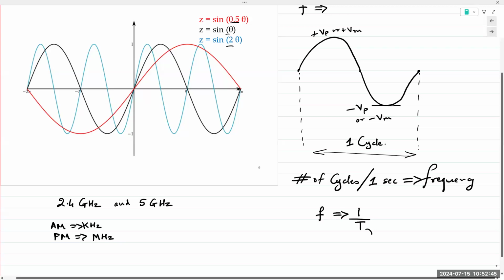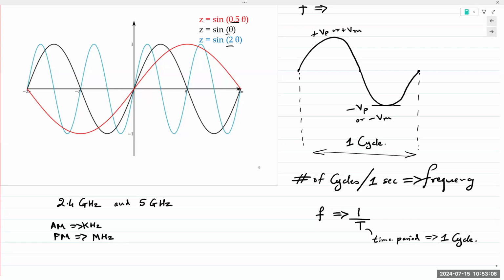Uppercase T is noted as the time period of the waveform, meaning 1 cycle. So you take the inverse of 60 hertz, 1/60, and that value in seconds is the time period of the waveform of the power outlet. Okay, that's what it is.